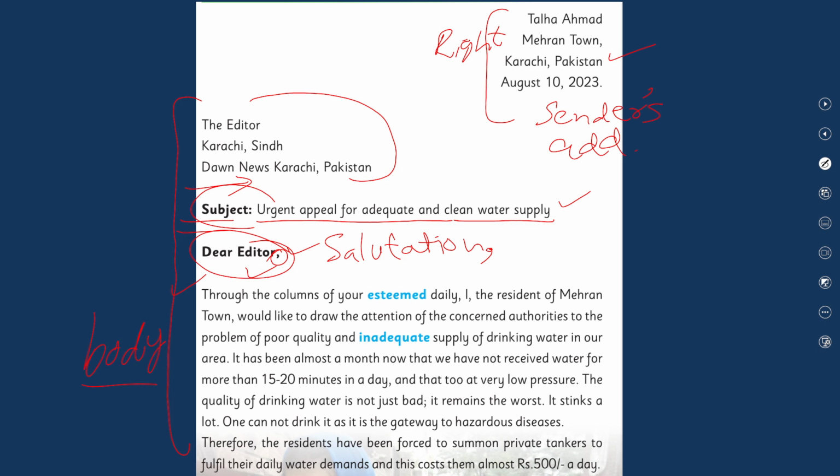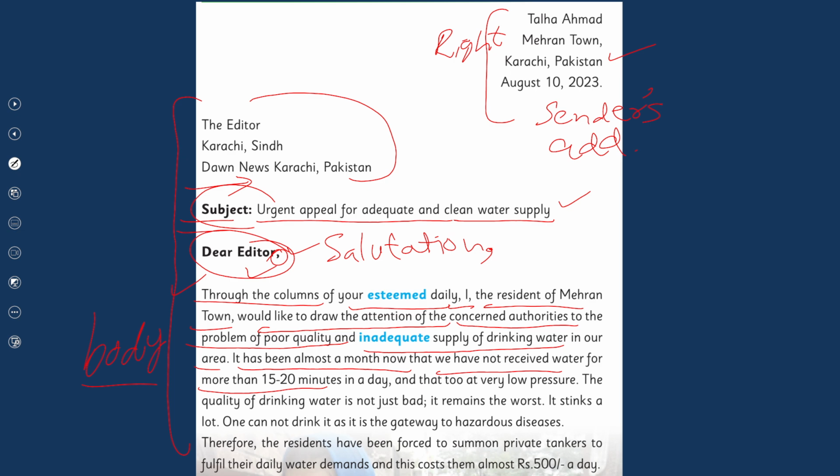So if we read this: through the columns of your esteemed daily, I, a resident of Mehran Town, would like to draw the attention of the concerned authorities to the problem of poor quality and inadequate supply of drinking water in our area. It has been almost a month now that we have not received water for more than 15 to 20 minutes in a day, and that too at a very low pressure.